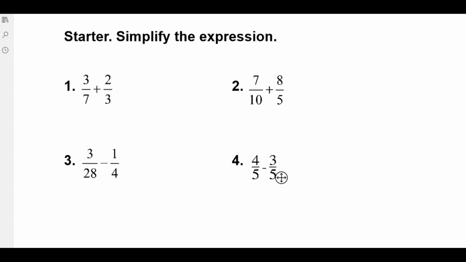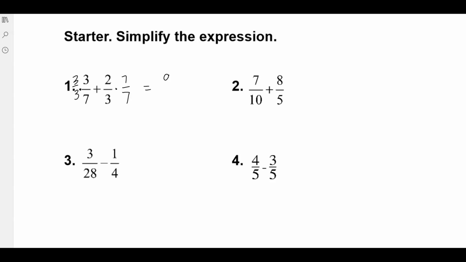So 3 can't go into 7, 7 can't go into 3, so you would multiply each of those by each other. So for the first one, you would multiply by 3 over 3, and the second one, 7 over 7.